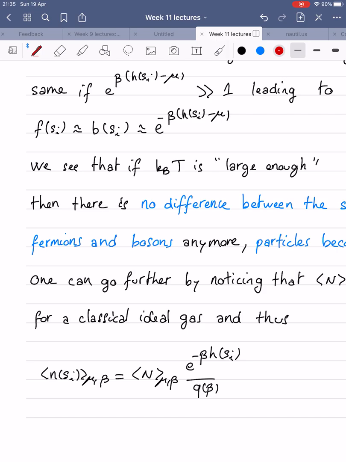This tells you the number of particles in state s_i. This here corresponds to the total mean number of particles, but you could say total number of particles if you will, in the system.